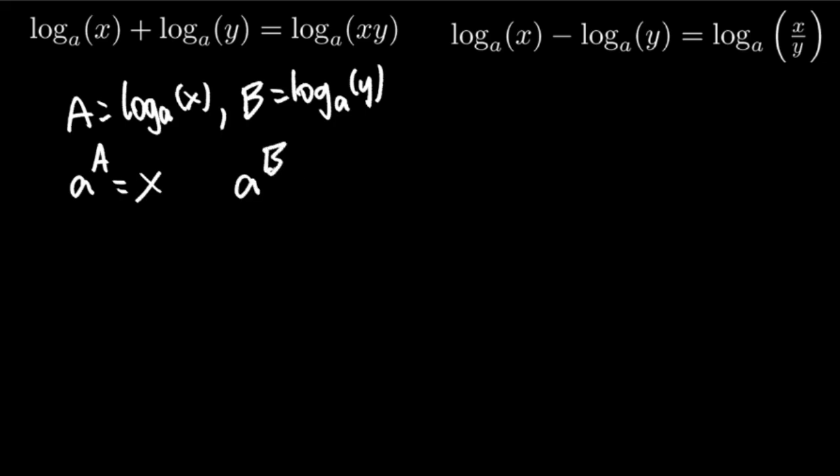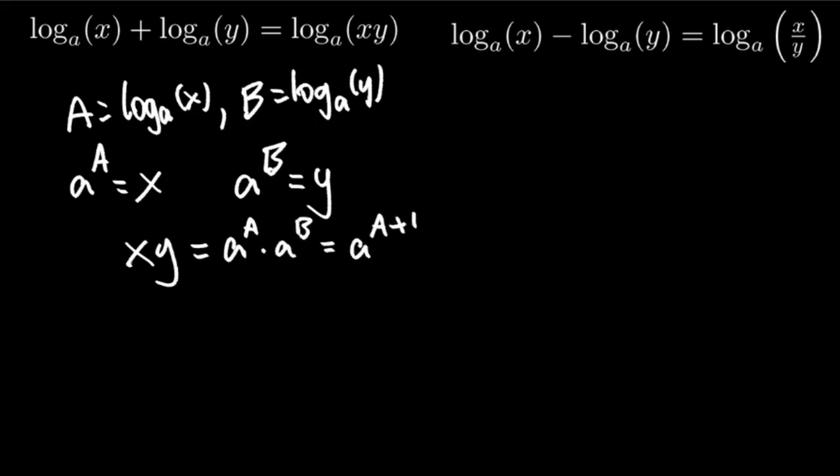So similarly, a to the B equals y. Okay, so what if we multiplied x and y together? Then we get xy equals a to the capital A times a to the capital B, which is the same as a to the capital A plus B.